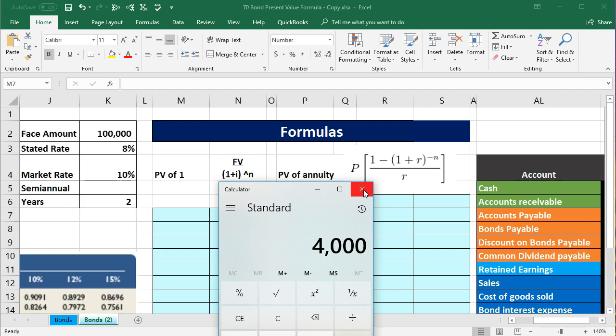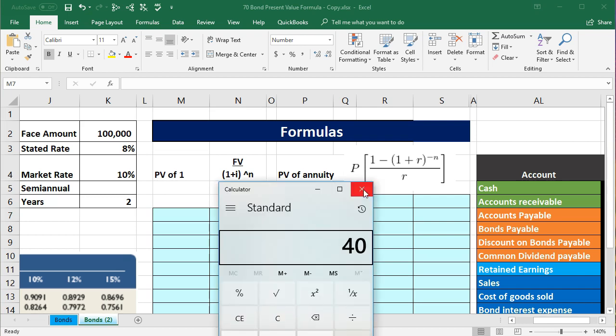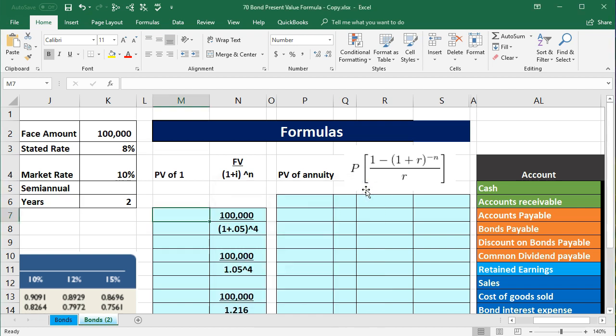So that means we're going to do that every 6 months. So obviously 4,000 times 4 is the cash flow we're going to have. But we're not going to have a present value of 16,000, because the question is how much is that worth in today's dollars? So this is an annuity because it's happening at a constant amount in a periodic payment.